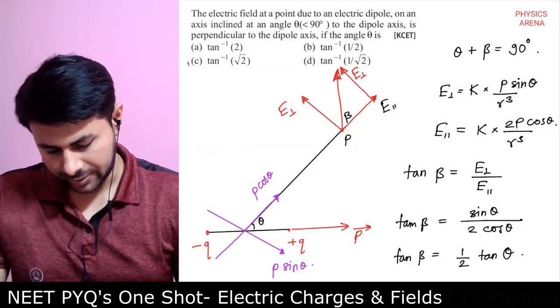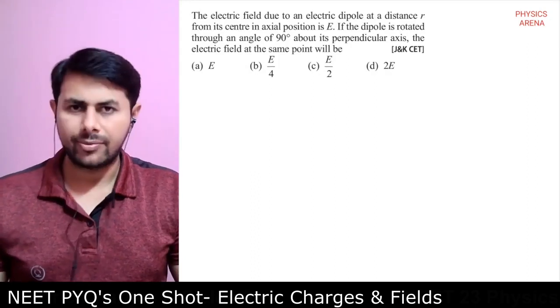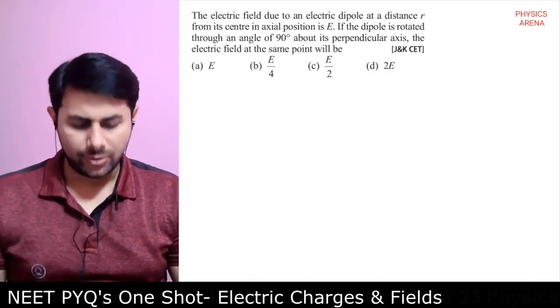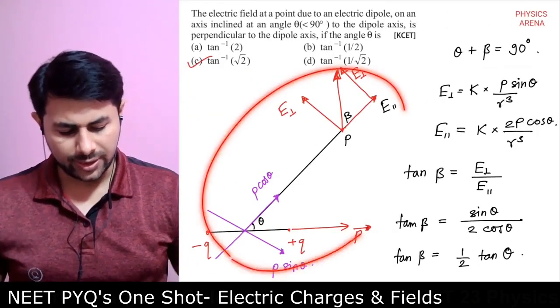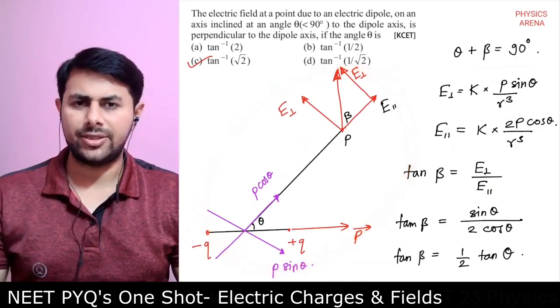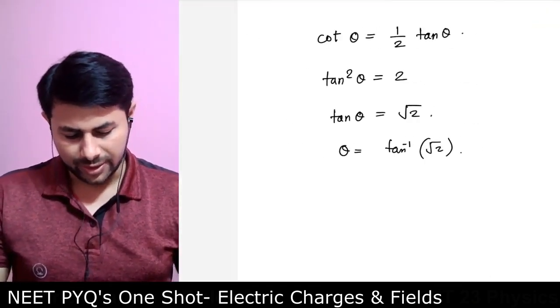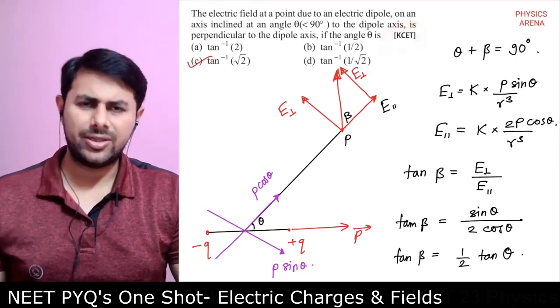It's option C. See, most of the questions are simple. Most of the questions based upon the electric dipole are simple. There are some questions like this which are a little bit tricky, but only once in a while. And it is not from NEET. Actually, in NEET there were only 3, 4 questions.